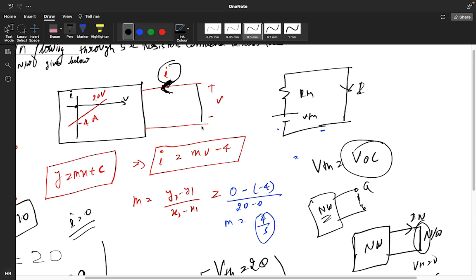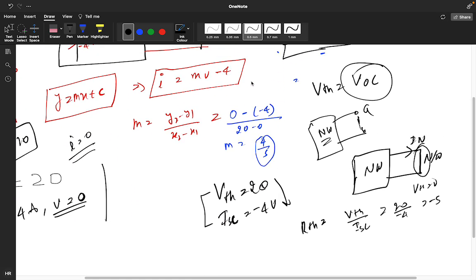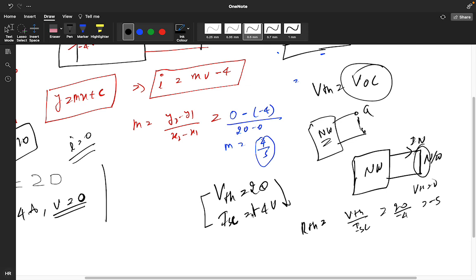If you want to develop your IN, it is the inverse of this, opposite to -I. So my ISC will be +4, because ISC is just opposite to -I. That's why it will be +4, 20 divided by 4.